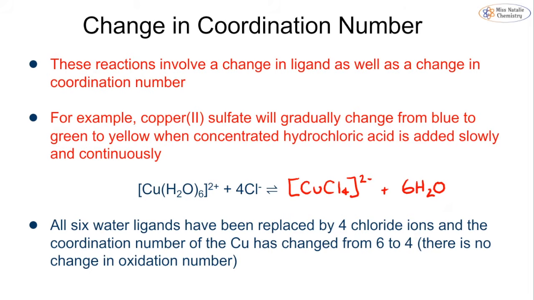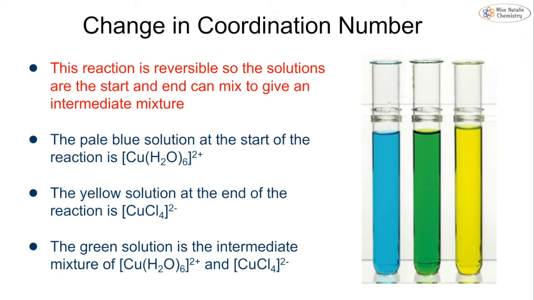down to 4 with the 4 chloride ions. And because this reaction is reversible, we can get an intermediate mixture. Our pale blue solution is that same copper being hydrated with these 6 water ligands. The yellow solution at the end is the copper chloride with the 4 chlorine ligands.